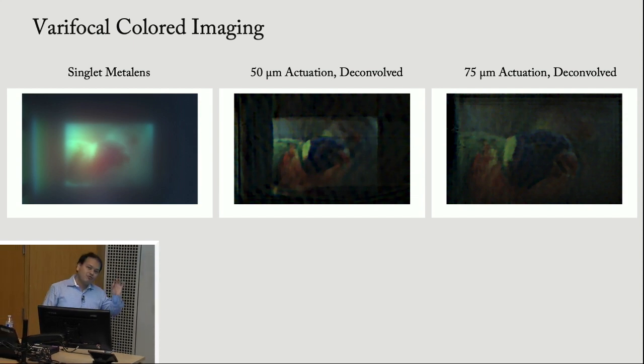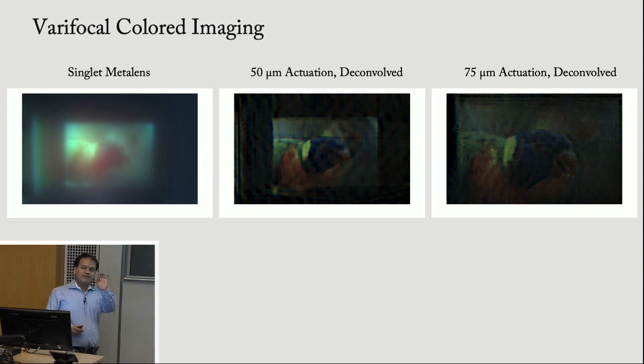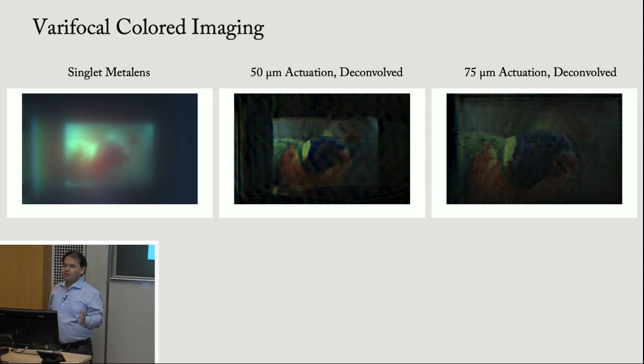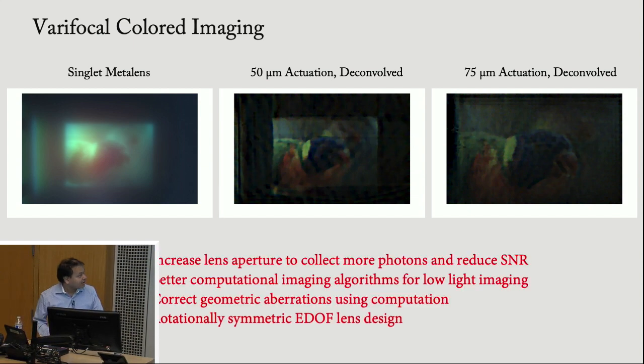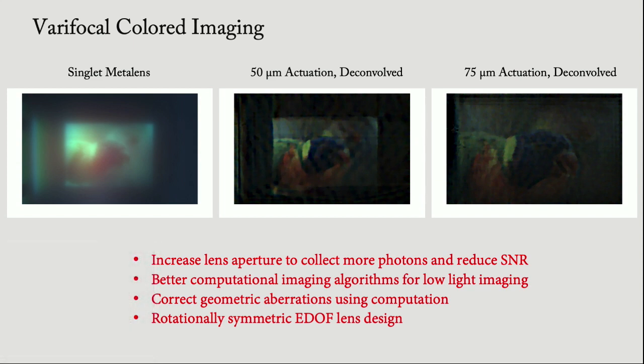The whole point is that if you make a refractive lens which is 100 micron in size, can you still preserve this kind of color information? So that's the right way to think about it. But of course, we are now looking into whether we can increase the lens aperture to improve the image quality. There are a lot of computational imaging algorithms specifically designed for low light imaging. So can we use some of those techniques? We have not done anything on the geometric aberrations here.